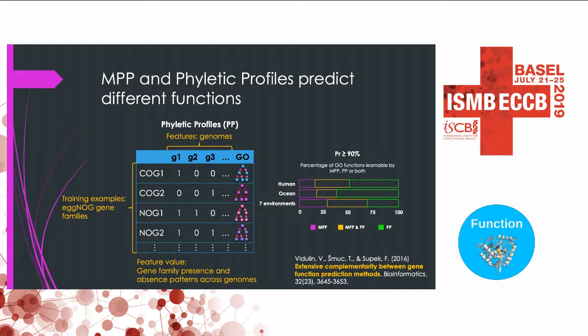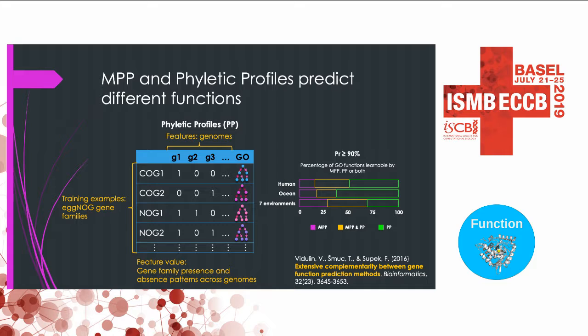And we further constructed matched phyletic profiles. We matched them in a manner to include in phyletic profiles only genomes of those organisms belonging to phyla represented within the environment of the MPP.